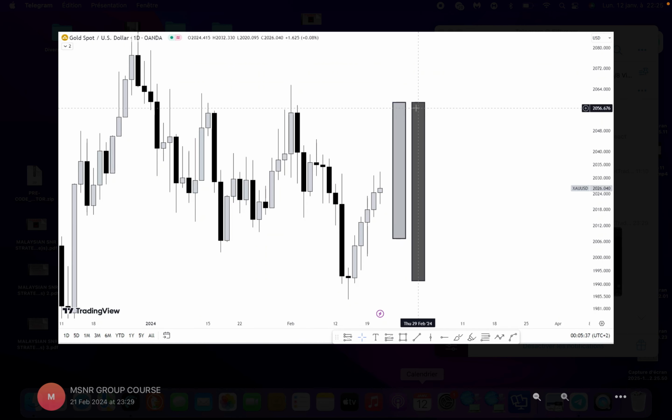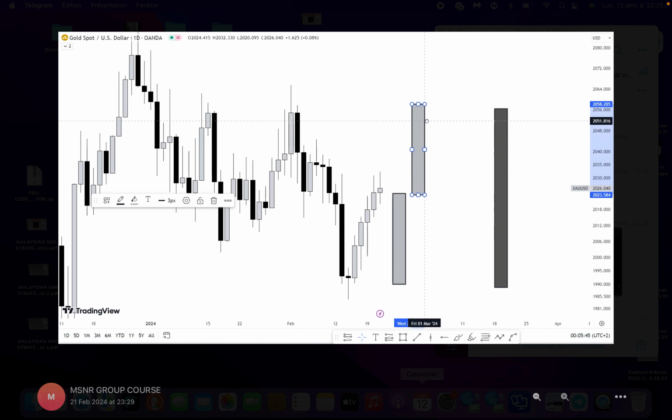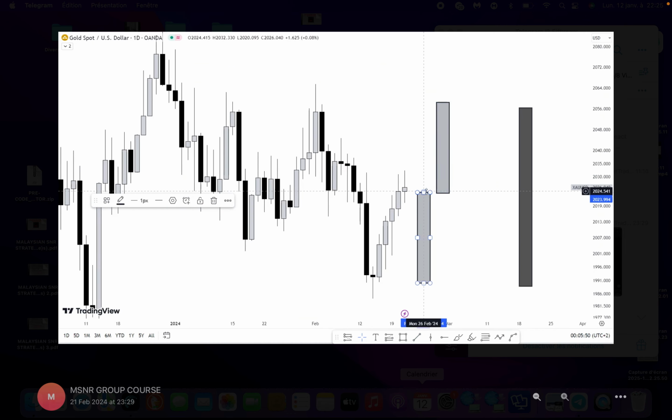And then we spoke about the open close where you get a buy and then another buy, right? You're going to mark your area of support at the first candle's close. Just mark it up like that.